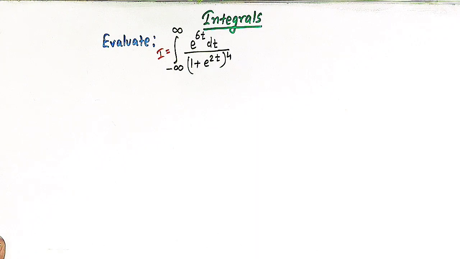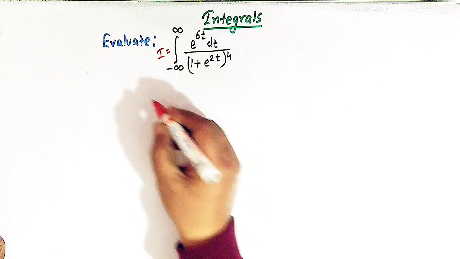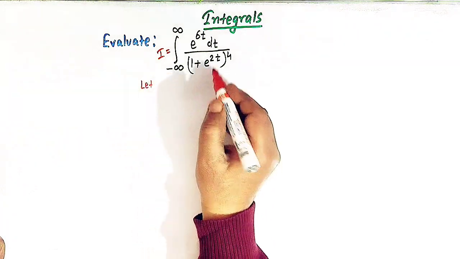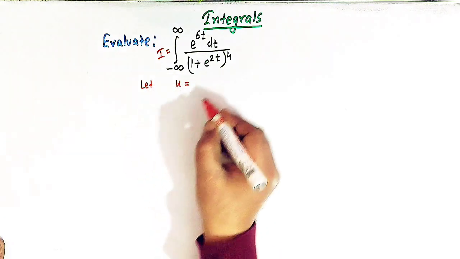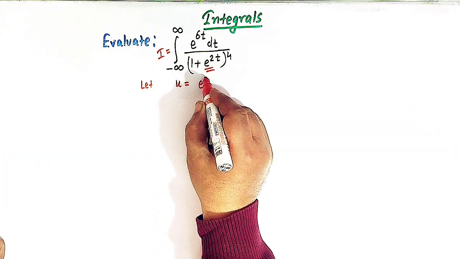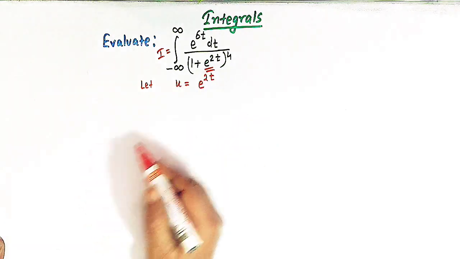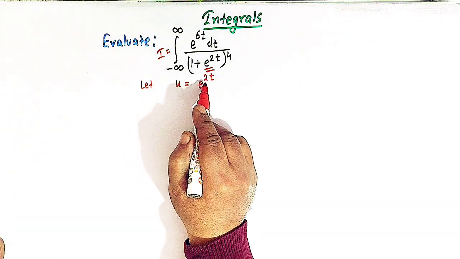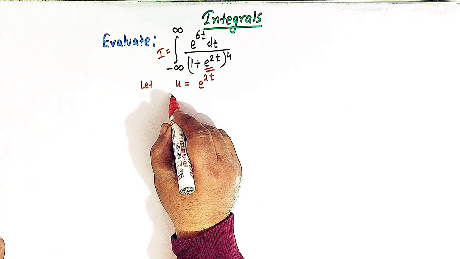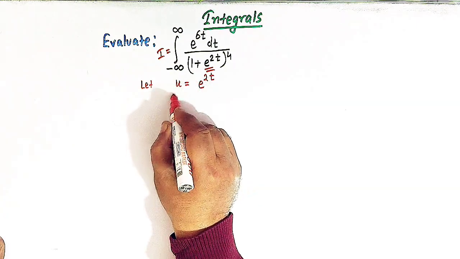First of all, we'll use the substitution method. Let us introduce a new variable, say u is equal to e raised to 2t. So we'll make this substitution here. Let us differentiate u with respect to t.